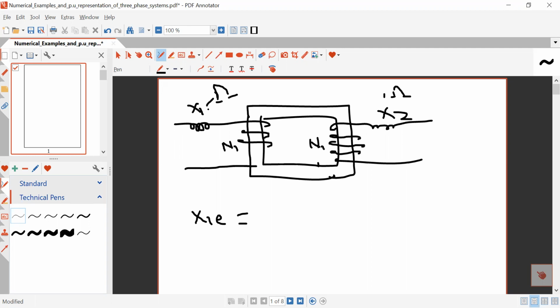The total reactance referred to the primary will be equal to primary reactance and secondary reactance referred to the primary, which will be X2 (N1 by N2) whole square.